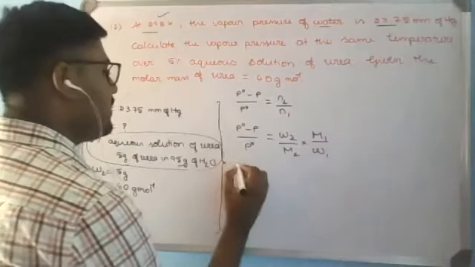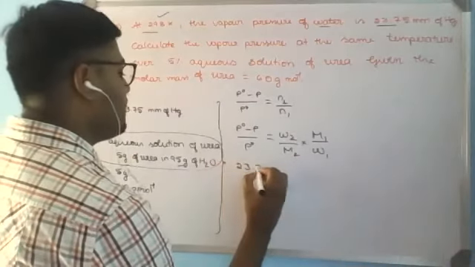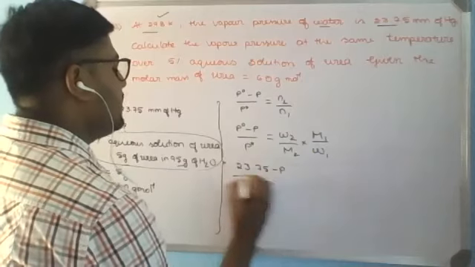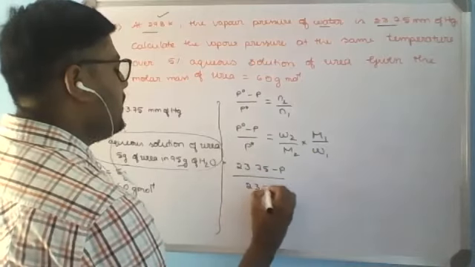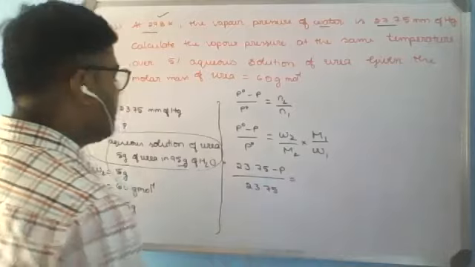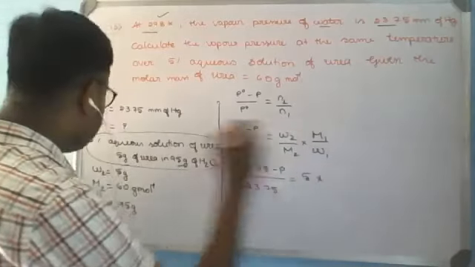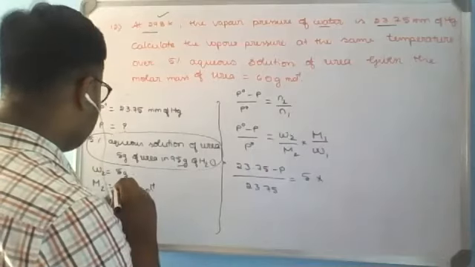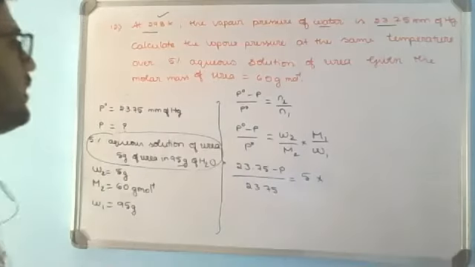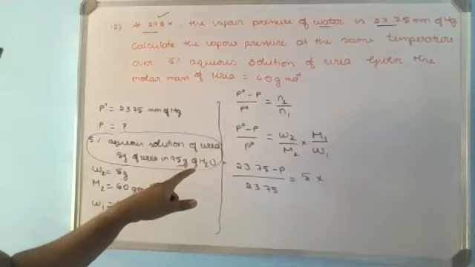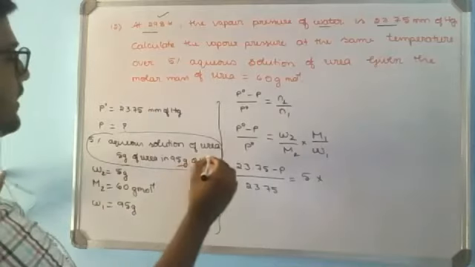So P naught is 23.75 minus P divided by 23.75 is equal to W2, which is 5, into M1, the molar mass of the solvent. Again M1 they have not given, but we can calculate as it is water.